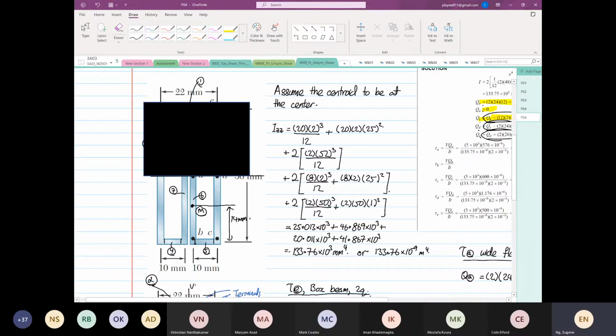If you look at this now, it's still coming down here. So the area to consider now is this entire area.